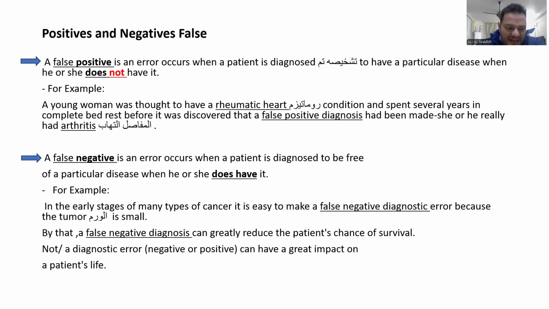All of these have side effects. The result is that in this case she now really had arthritis.